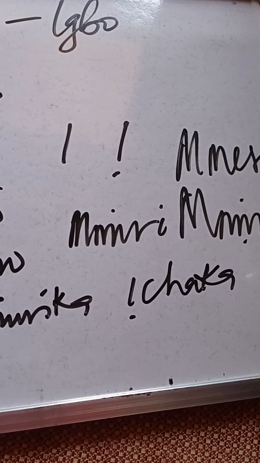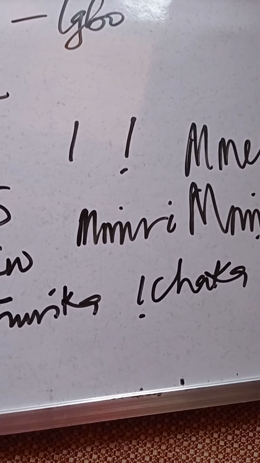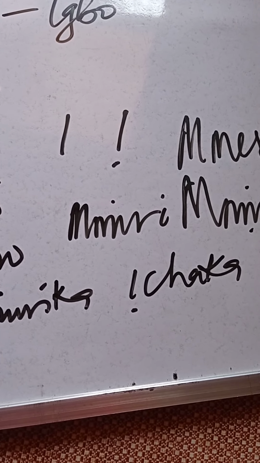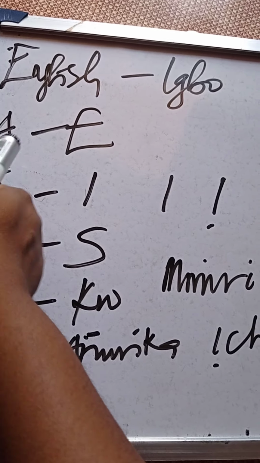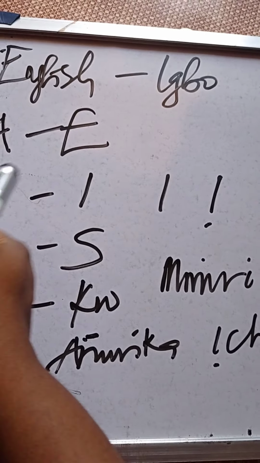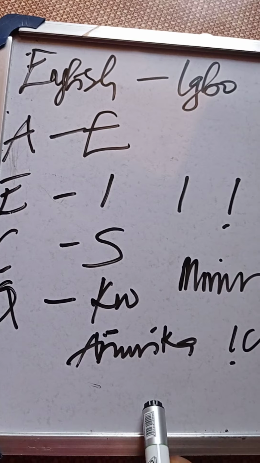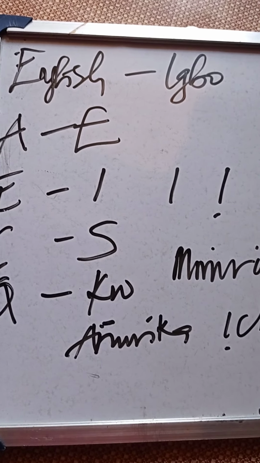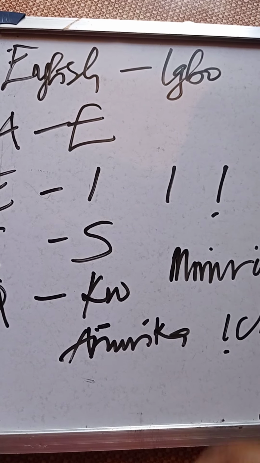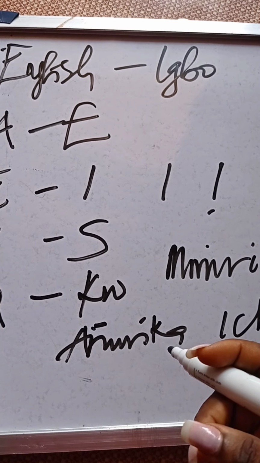It doesn't make sense. There is a big difference between the languages. You cannot be writing A for A or E for E. You don't write Igbo with English alphabets.